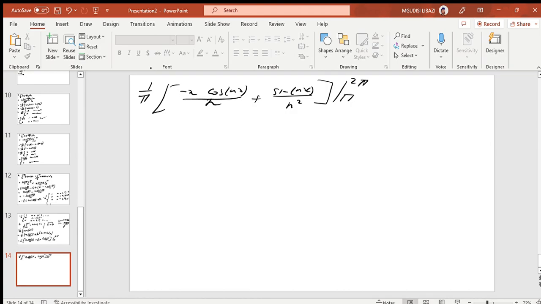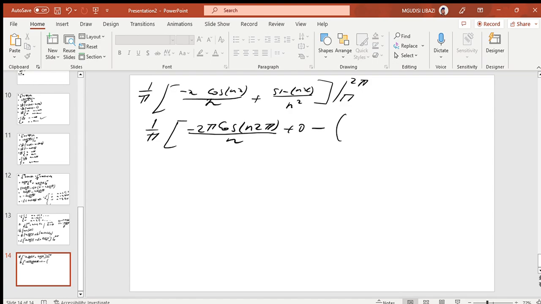So after that, we're going to get 1 over pi to simplify that. Now when we substitute our limits, we're going to have negative 2 pi, upper limit in place of x, cosine of n 2 pi, divided by n, and if we substitute pi, that's going to be sine pi n, which is just going to be 0.